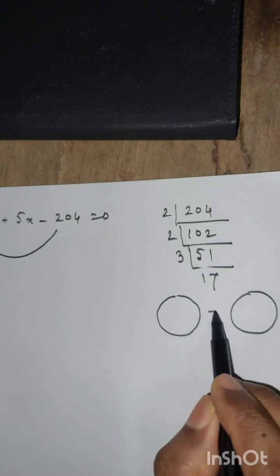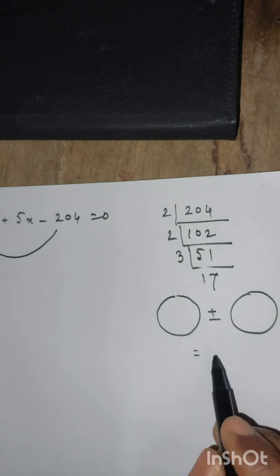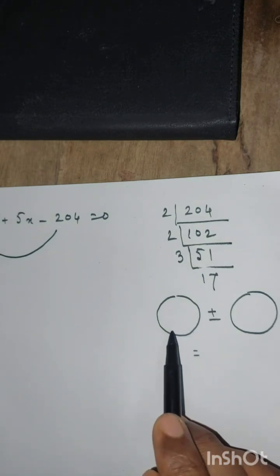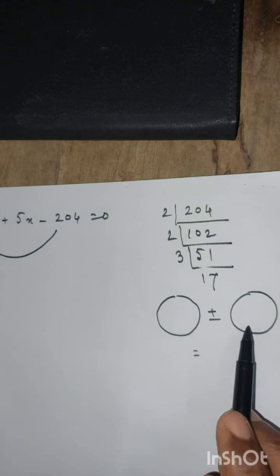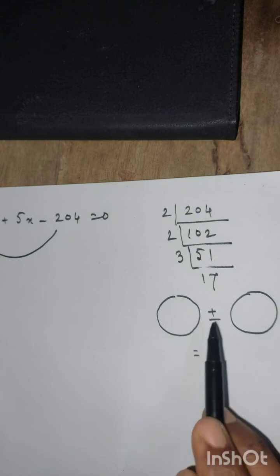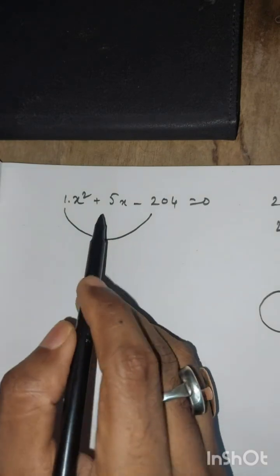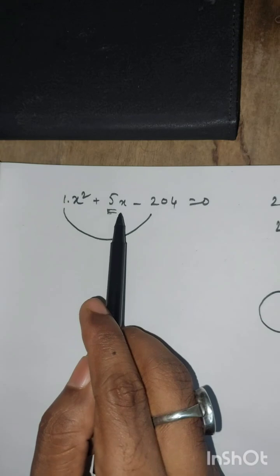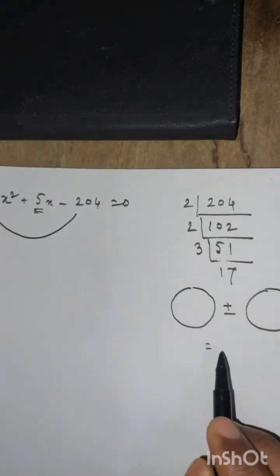Putting plus or minus in between, we are going to put some of these factors in box 1 and some of these factors in box 2, and we have to get a result which is equal to coefficient of x. So here the coefficient of x is 5, so we have to get 5.